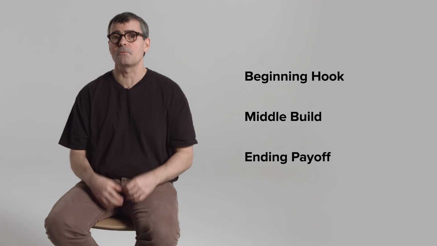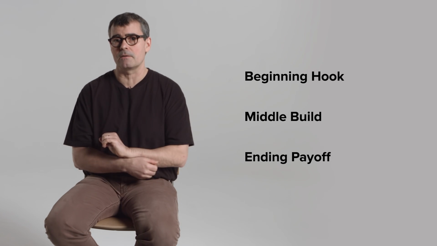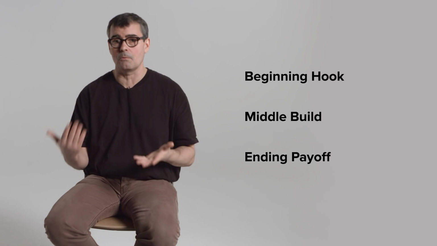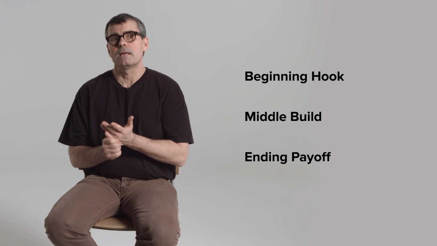And so, for example, because I go through it in the book, why don't we look at The Silence of the Lambs, and I'll walk you through it. So in The Silence of the Lambs, the beginning hook of the story, of course, happens in the very first scene. And that beginning hook is a young FBI trainee is brought in to interview the most sadistic and strange serial killer in the world.